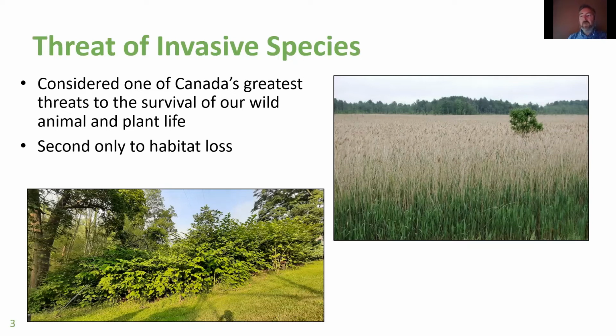And for those species that are able to reproduce and survive, most never actually cause any significant problems. Some introduced species, however, are able to thrive and even flourish at their new location. In addition, they're usually able to reproduce and spread very quickly, often outcompeting native plant and animal species for water, food, and space.